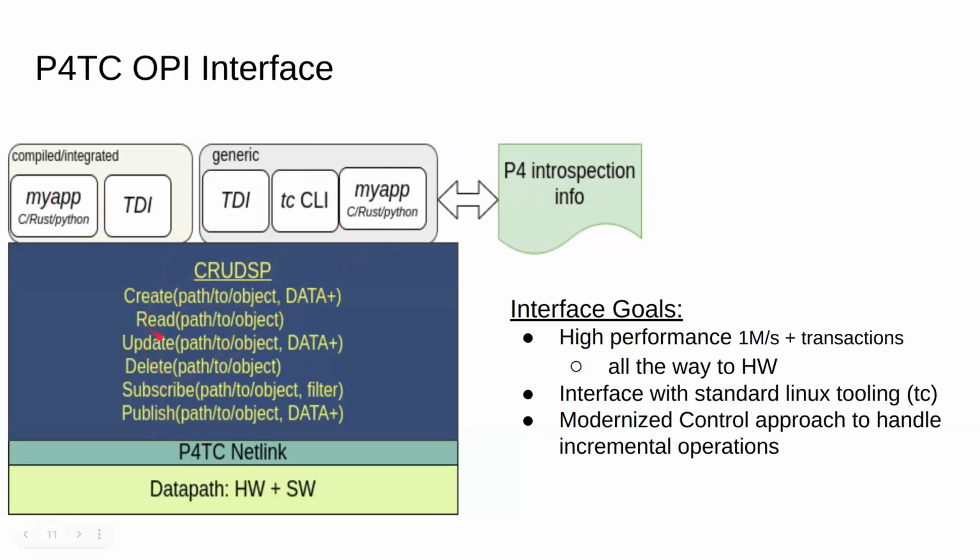It only deals with the data path. It doesn't know about anything else. It could be Python or whatever, maybe even generated by the compiler. Very specific to your application. If you're just running an L2 bridge, then all it knows is the L2 bridge. Got it. And these are the APIs basically that we think are fit for OPI.